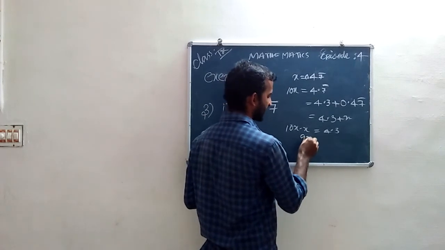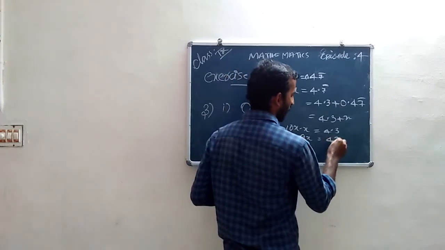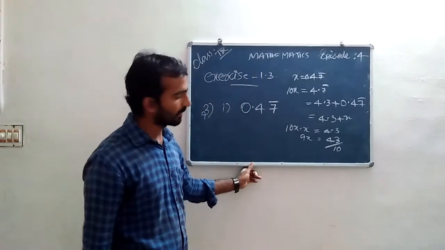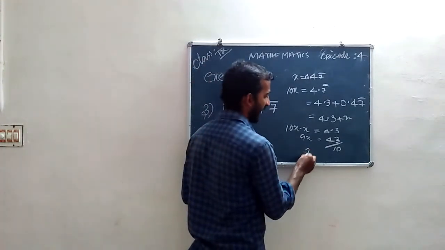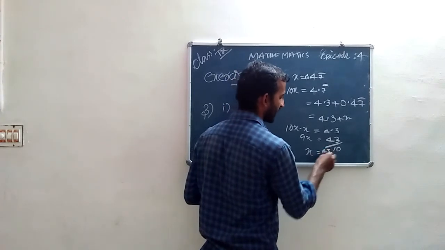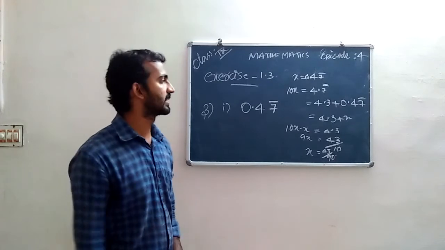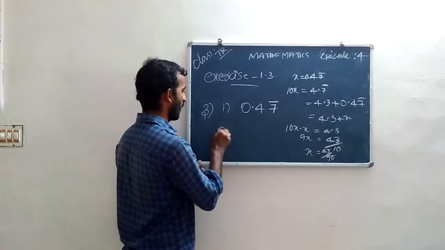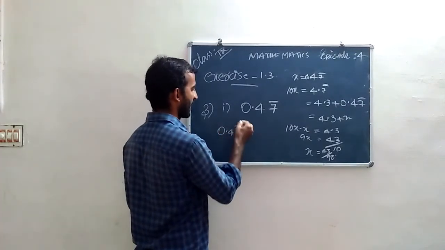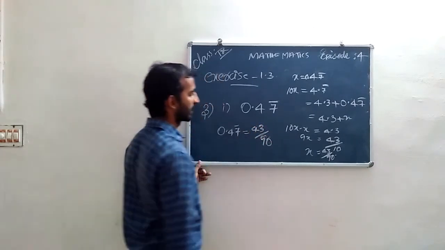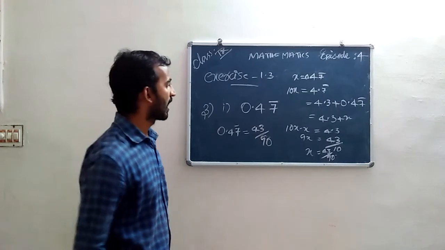That is 9x equal to 43 by 10. Next step is x equal to 43 by 90. That is, 0.47 bar equal to 43 by 90. That is the answer.